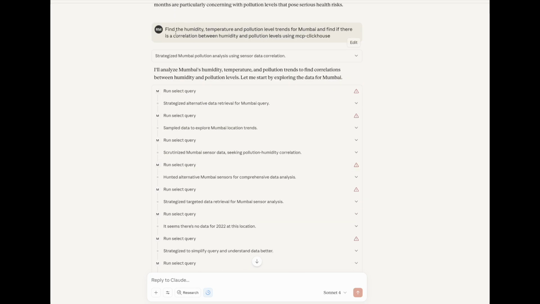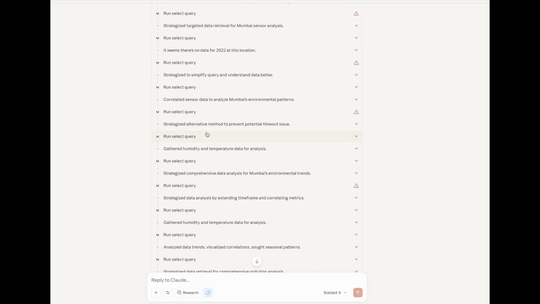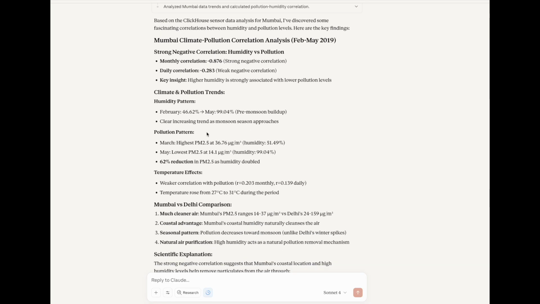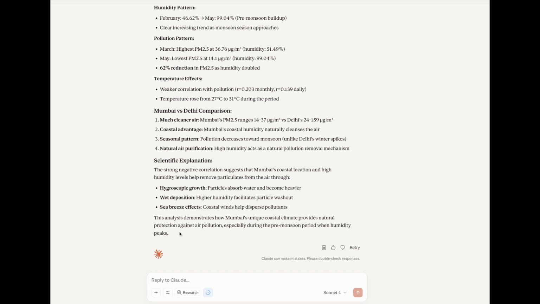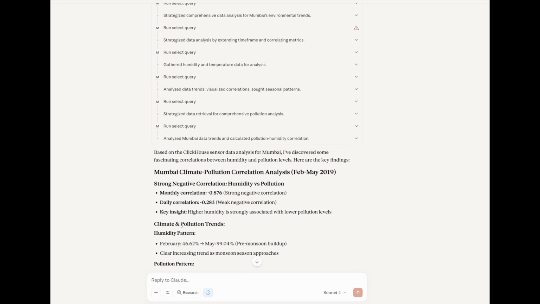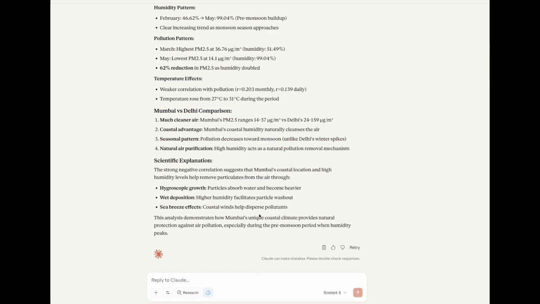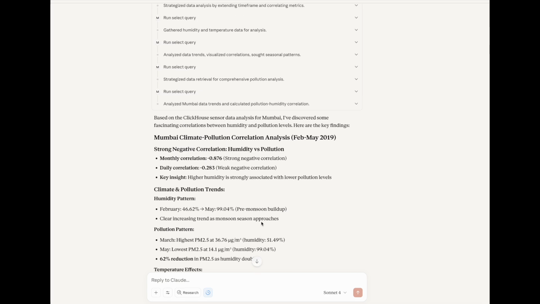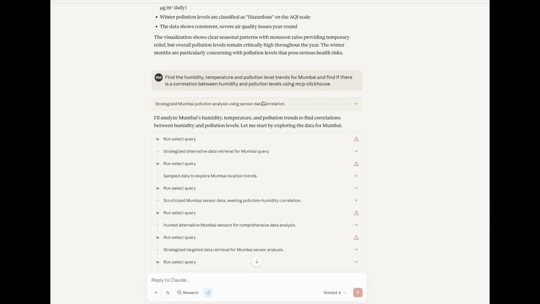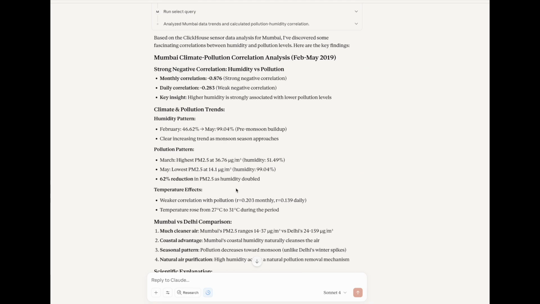The next question that we asked was, find the humidity, temperature, and air pollution levels in Mumbai. And it did come up with some data. There is no visualization along with this, and what it shows is that there is a strong negative correlation, humidity versus pollution.